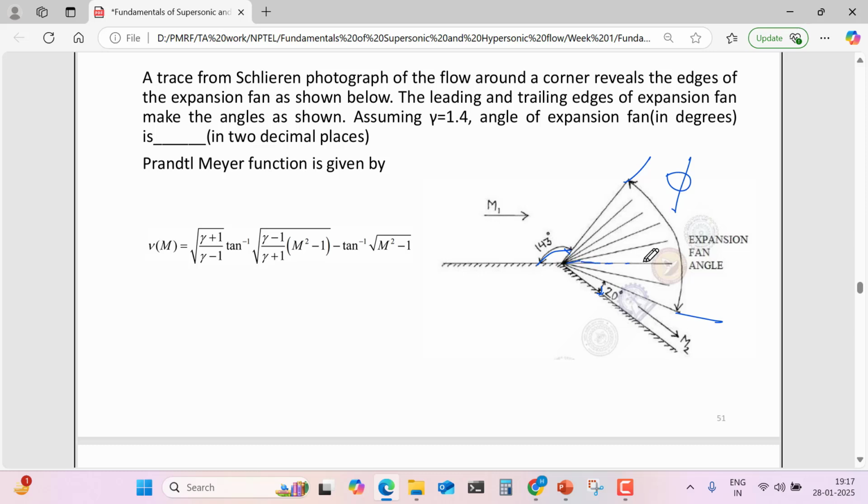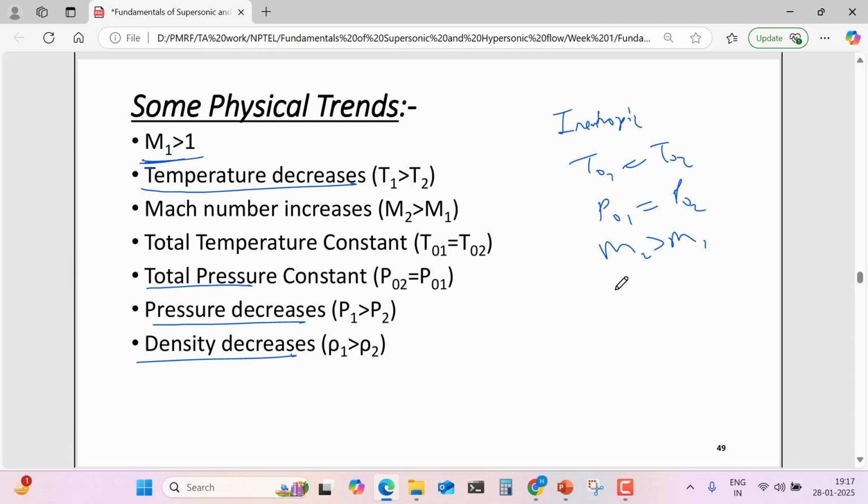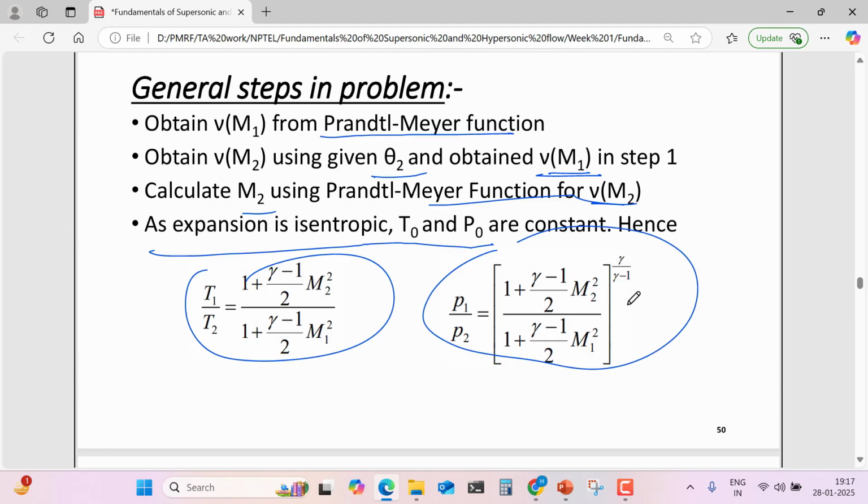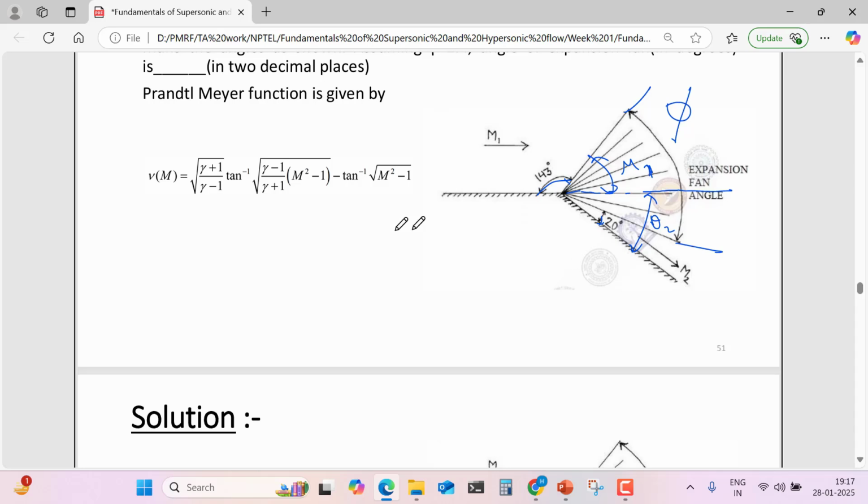So if you see, this will be mu1. And what is this angle? This is angle theta 2. And this 20 is mu2. So what is mu1?